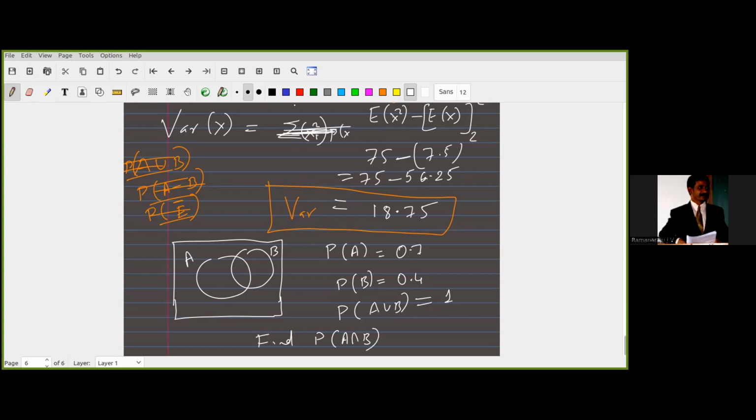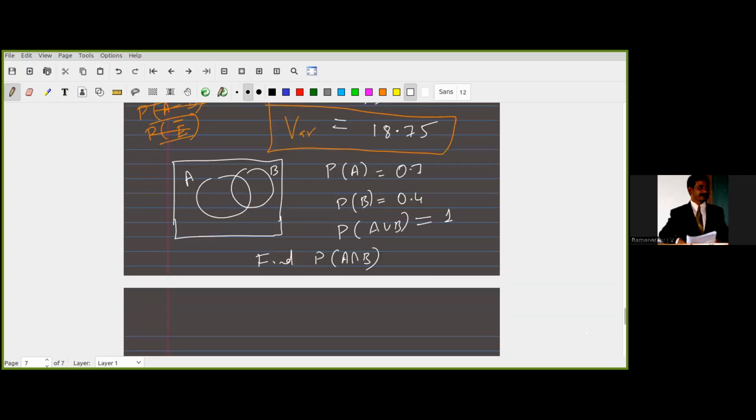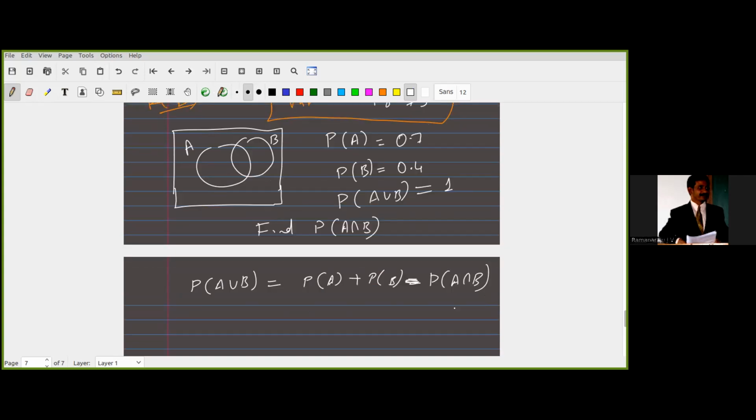Then you can clearly use the sum formula. P of A union B is equal to P of A plus P of B minus P of A intersection B. And we are given that the left hand side is 1. Sometimes it is not 1. Okay, this is a very special case, but here we are given that left hand side is 1.